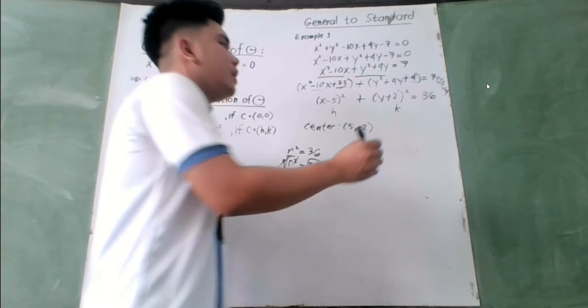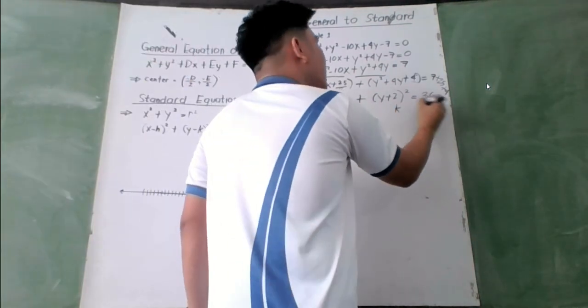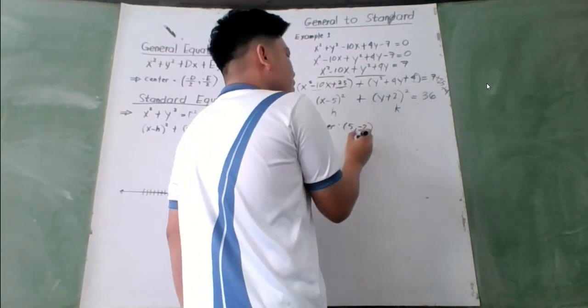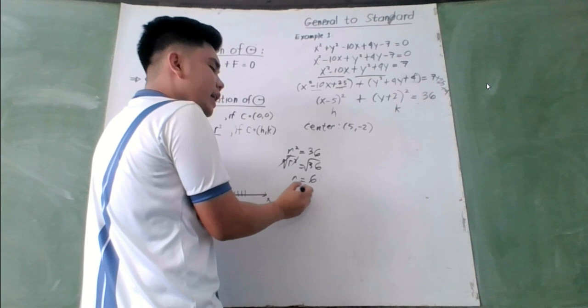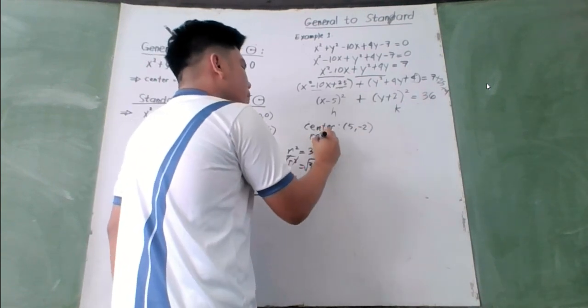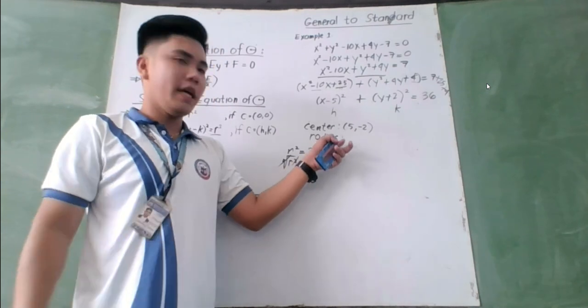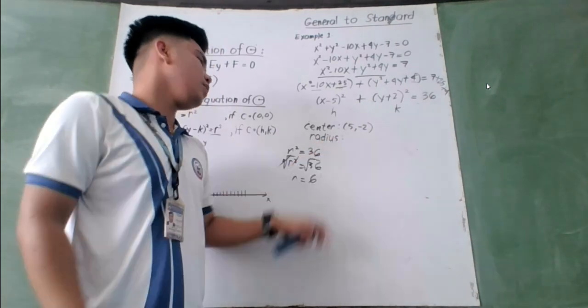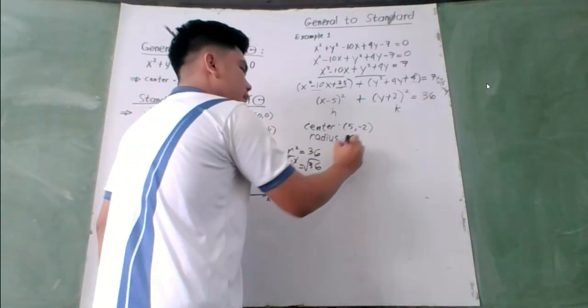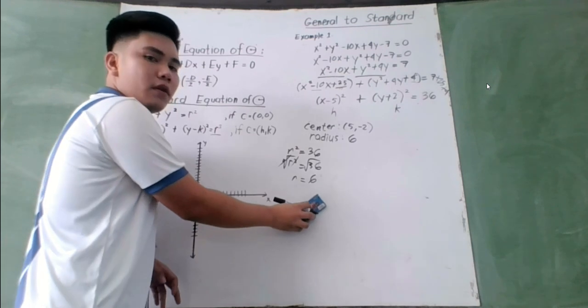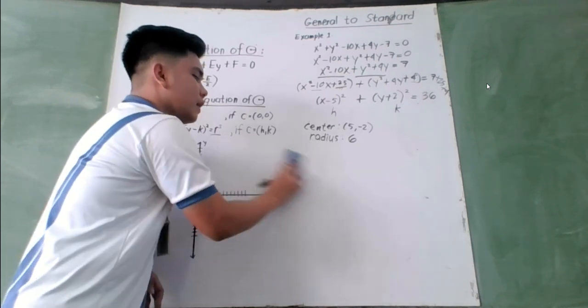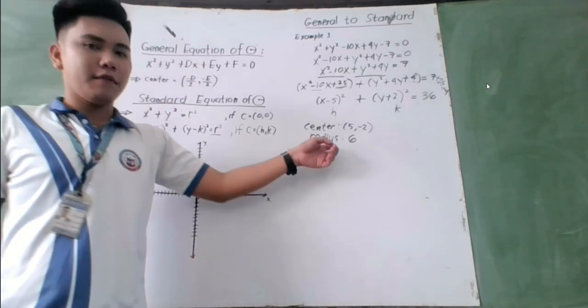Therefore, our center is equal to 5, negative 2, and our radius is equal to 6. And we can now graph the circle.